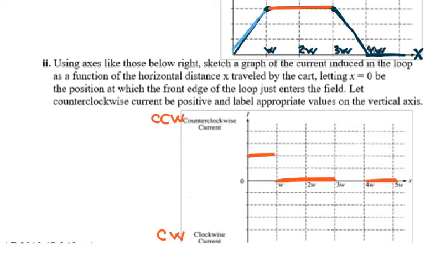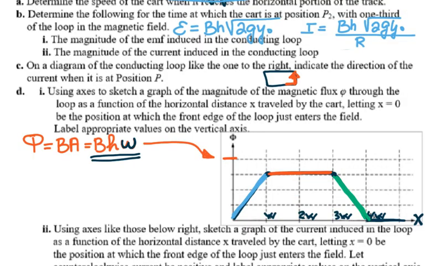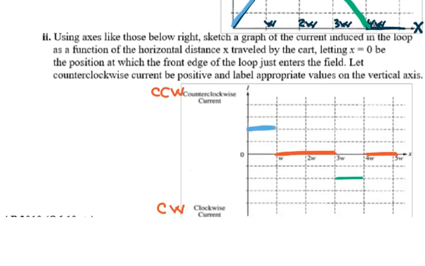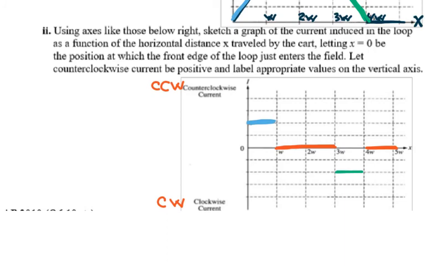So right here, when it enters, I have the positive counterclockwise direction, and when it exits, I'm going to have the opposite direction, because the current is going to be opposing the loss of the magnetic field lines, so it's going to be in the opposite direction. And to calculate this current, we already have the value right here. So this is the value that I calculated earlier.